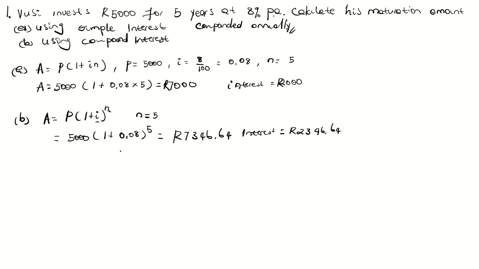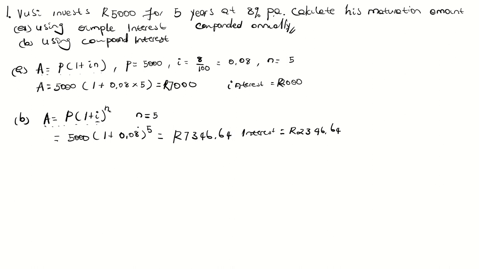Immediately the question arises, why? Why is it different? Okay? And that is answered when you look at how compound interest works, how this formula works compared to that formula.